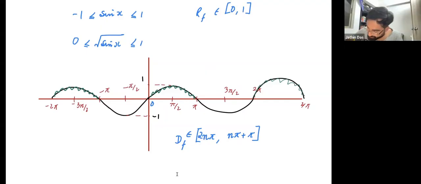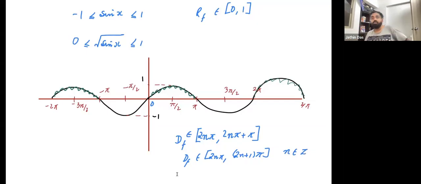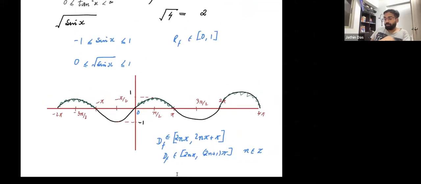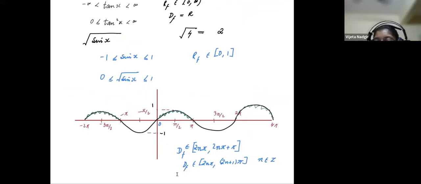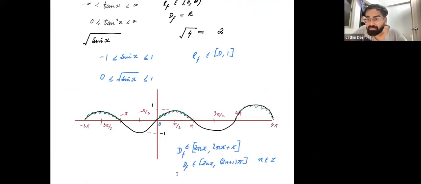Yes, 2n pi, correct. So it is 2n pi to (2n plus 1) pi. N is any integer. Clear? Domain and range clear? Any doubt? Ask me now.